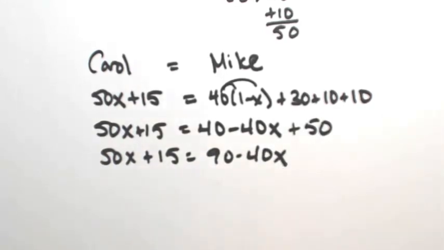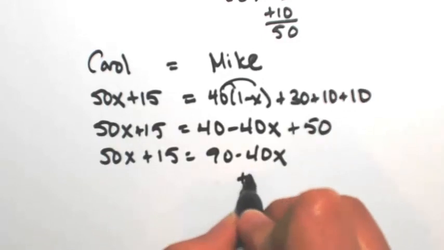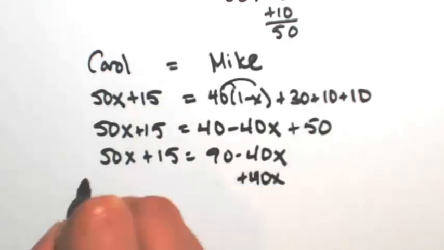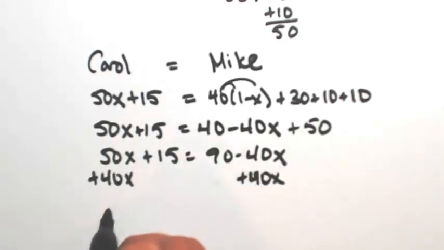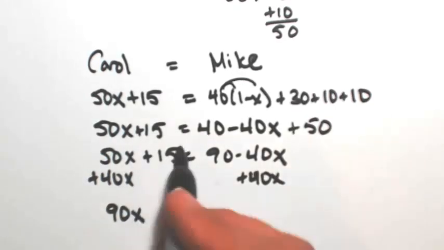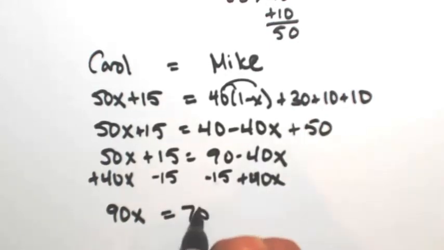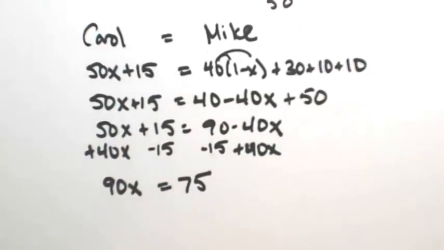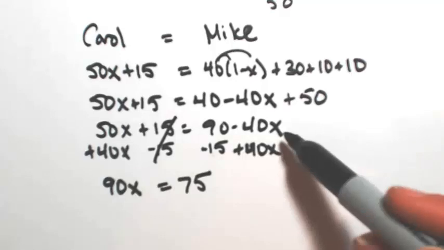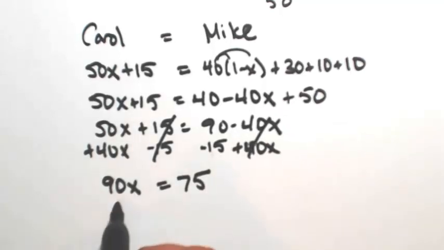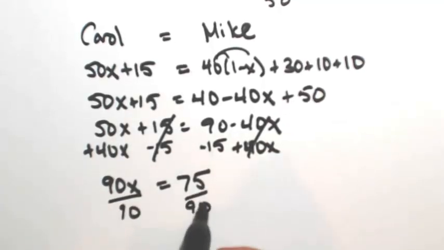So solving for x, I need to get the x's together, so I'm going to add 40x to both sides. And then getting the number on the other side, I'm going to subtract 15 from both sides. So then solving, divide by 90. So x is equal to 75 over 90.